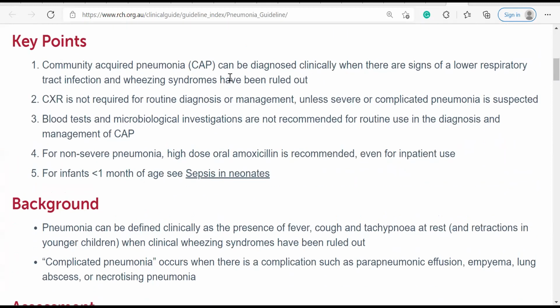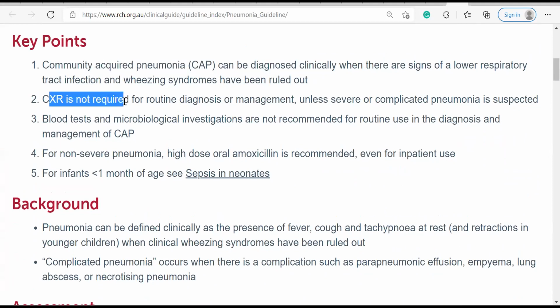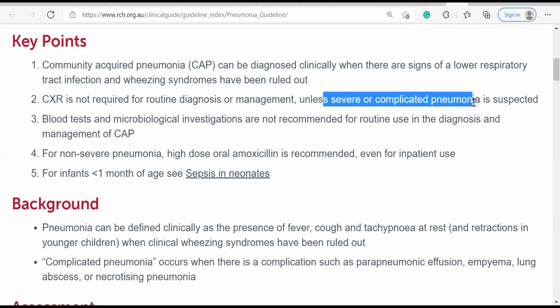Look at the key points. You can diagnose pneumonia clinically. Chest X-ray is not required for routine diagnosis or management unless you suspect a severe or complicated pneumonia. So we need to know when we suspect severe pneumonia and what is complicated pneumonia.